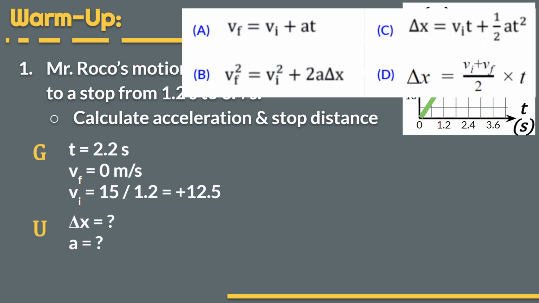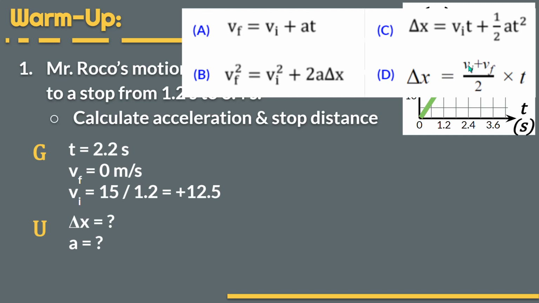And so we have these different equations that we get to use in order to solve for these two variables. If I want to solve for delta x first, since I listed it first, I take a look at the things I know, time, final velocity, and initial velocity, and I'm looking for displacement, the equation that has those variables in it would be equation D.